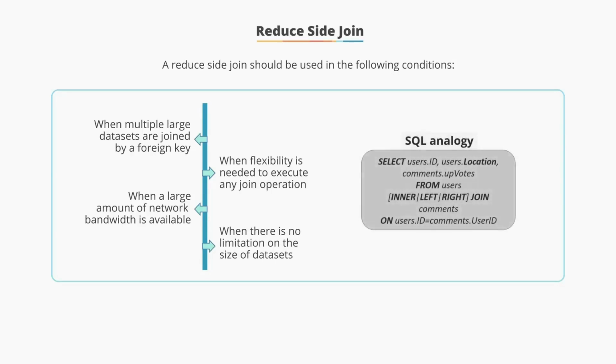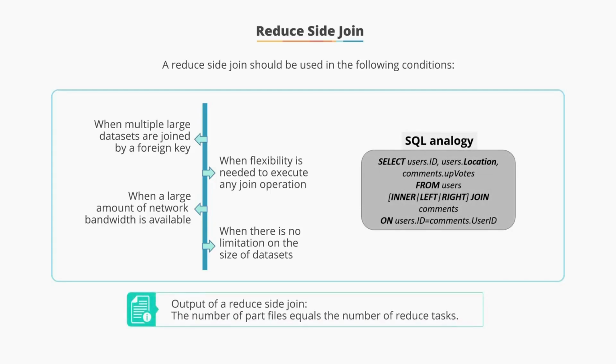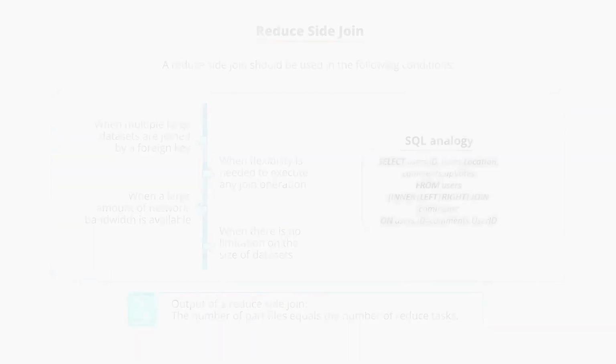The SQL analogy of a reduced side join is given on the screen. In the output of a reduced side join, the number of part files equals the number of reduce tasks. So if you have 10 reduce tasks, you will have 10 separate part files.